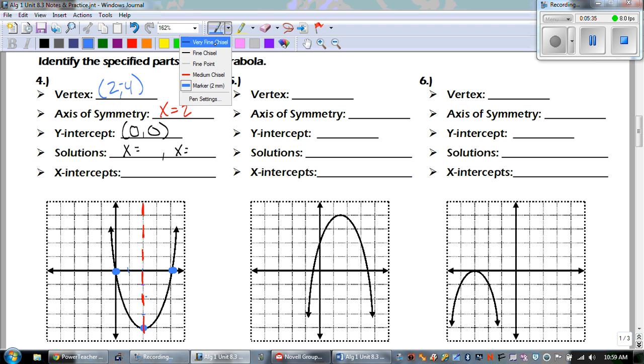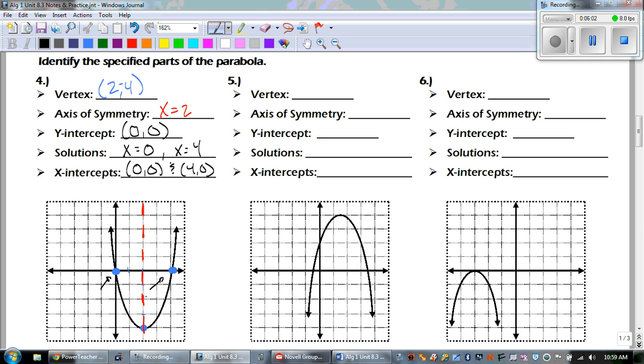So my first solution right here is x equals 0, and then x equals 1, 2, 3, 4. And if I wanted those as points, it would be (0, 0) and (4, 0). So the solutions and the intercepts are the same thing. It's just a different way of saying them.